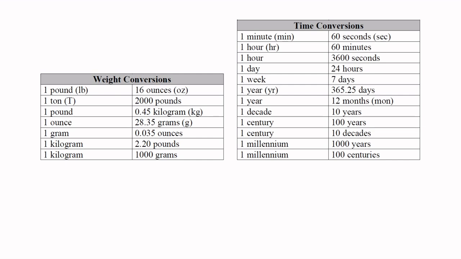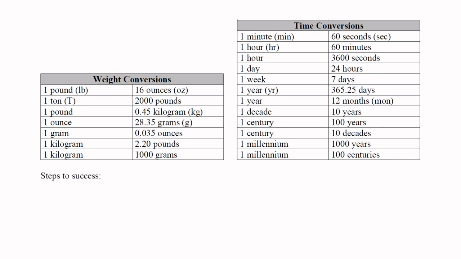Now, if you need a conversion that is not listed in this table, because this is only a select number of conversion factors, Google is your friend. You can go to Google and get the conversion factor that you need by just simply typing in the search, and typically Google will just give it to you right off and tell you what that conversion factor is without even having to go to a website for it, okay?